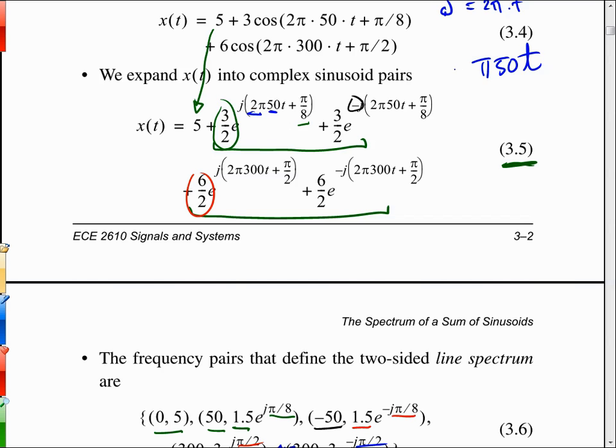If I had omega t equals pi times 50t, what is f in that case? It would be 25, right? Because that would factor as 2 pi times 25 times t. Did they do that by any chance? Yeah, they have them in parentheses, and then they have the 2 pi outside of it. Okay. Yeah, once you factor the 2 pi out, what's left is the frequency in hertz.